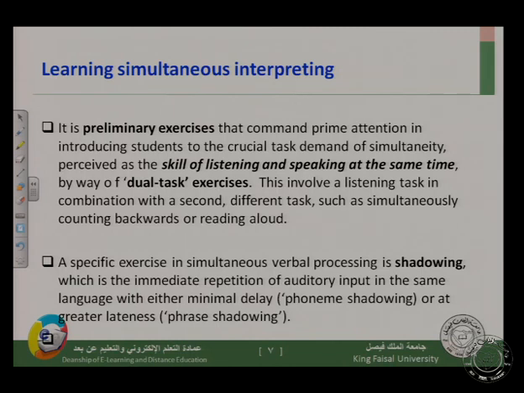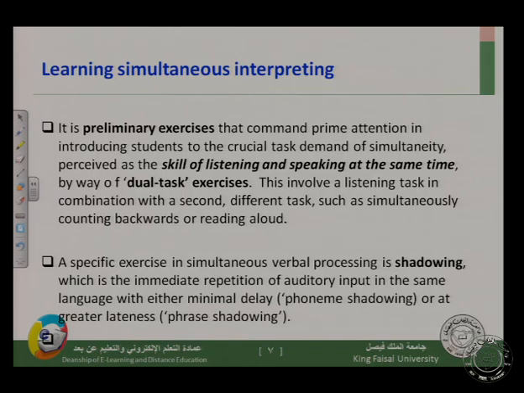Or he speaks in English and you repeat what he has said in English. So this is an exercise which helps you to improve your interpreting abilities. Can you do that? He speaks in English, you repeat after him or her immediately.